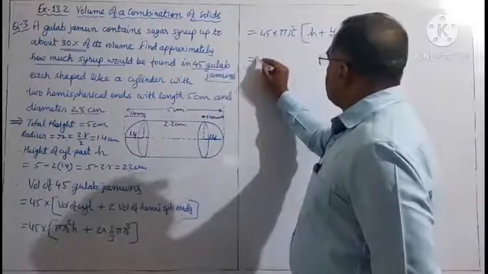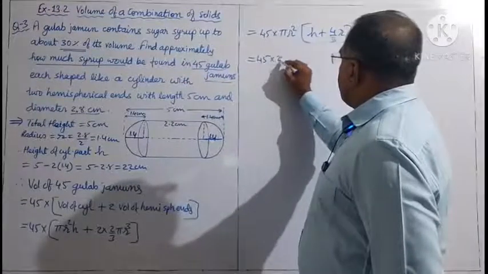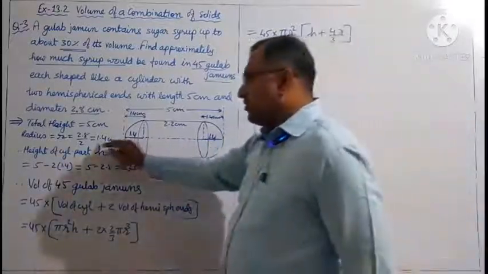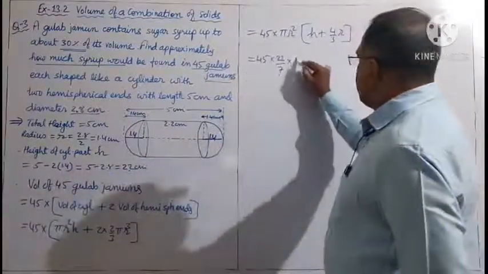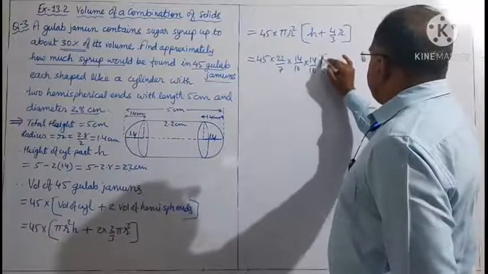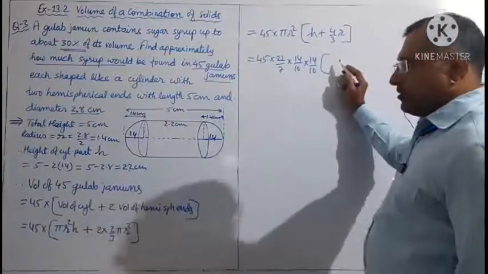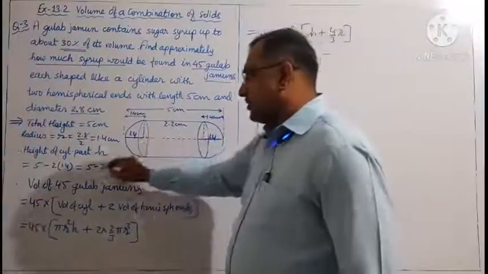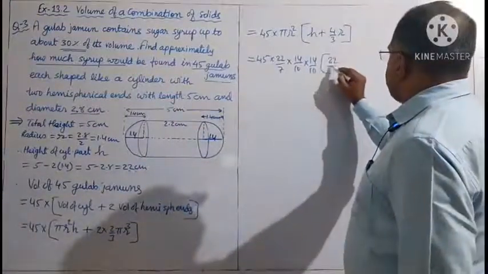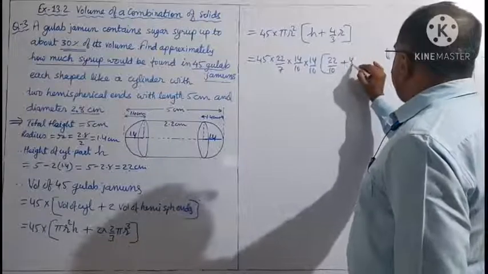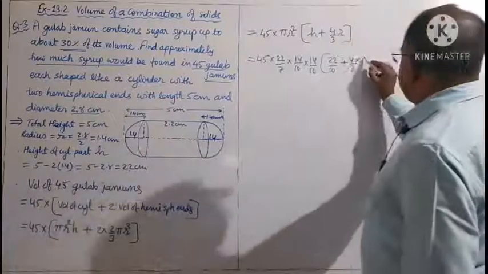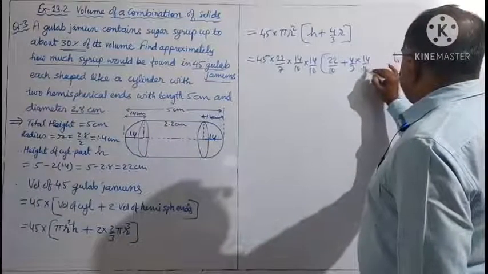Now substituting the values: 45 multiplied by 22 by 7 multiplied by radius, which is 1.4, we say 14 by 10, squared, multiplied by, in bracket, the height, which is 2.2 centimeter, so 22 by 10, plus 4 by 3 multiplied by the radius 1.4, that is 14 by 10.